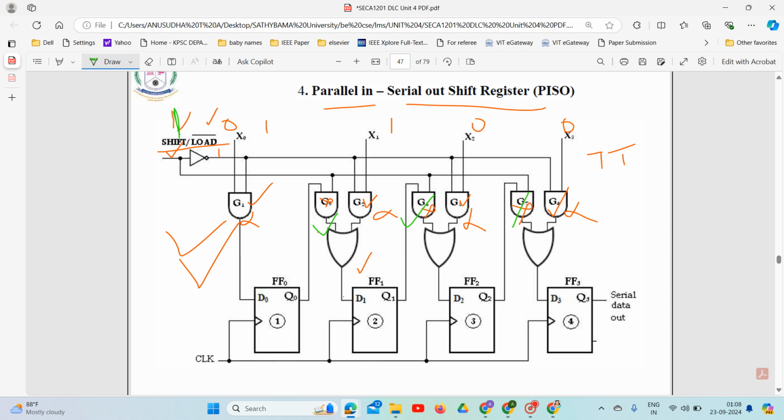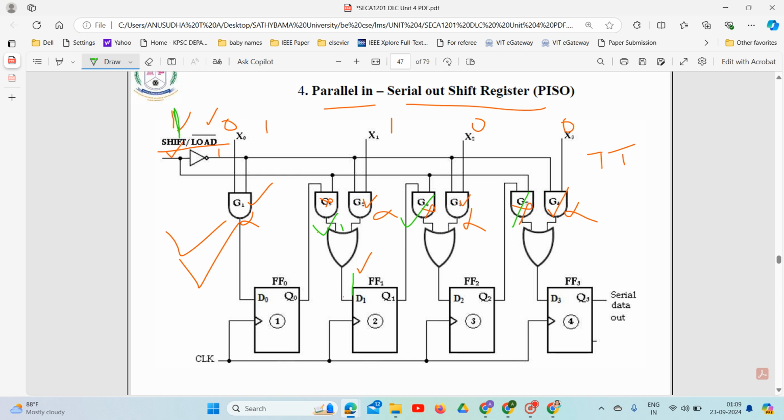Okay, so once shift is 1, it is ready to shift the data from the first flip-flop to the last flip-flop. So now if you are storing 1, this 1 enters into G5 and shift is also 1. So your G2 is disabled. So your G5 output is 1, your OR output is also 1, right?